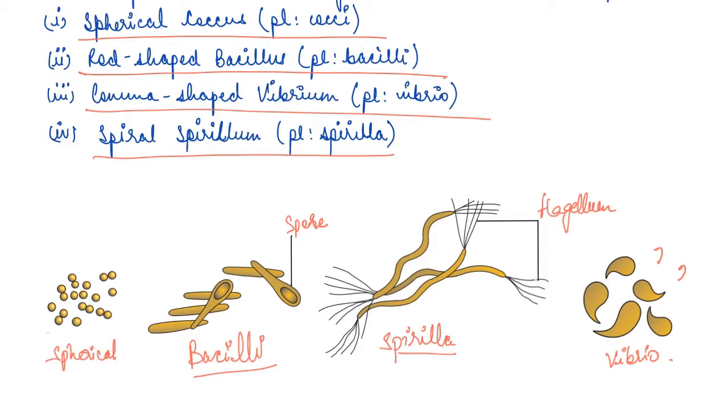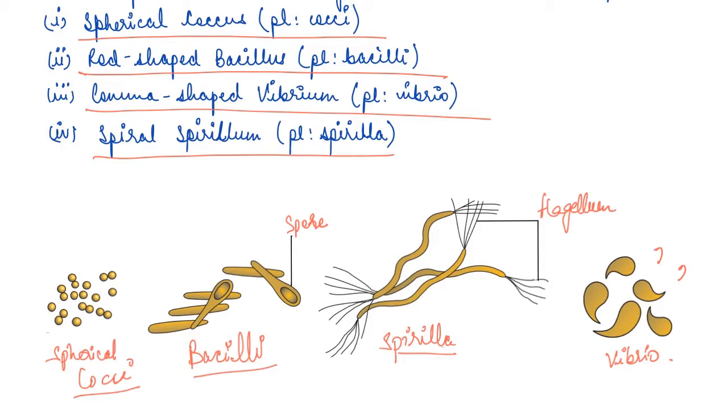The first one, spherical, is coccus, or cocci in plural. Second, rod-shaped bacillus. Third, comma-shaped Vibrio, and fourth, spiral spirillum.